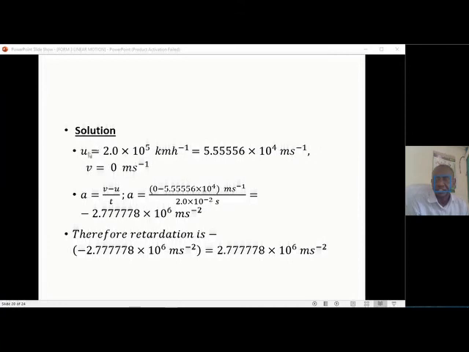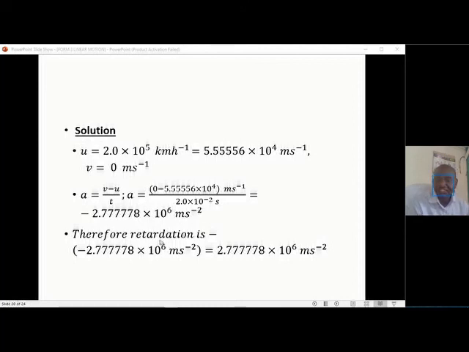We say U, then convert it to meters per second. It will be 5.5 times 10 raised to the power of 4 meters per second. Final velocity is 0. So final minus initial, 0 minus this one, divided by this time. You get the answer as negative 2.7778 times 10 raised to the power of 6 meters per second square.